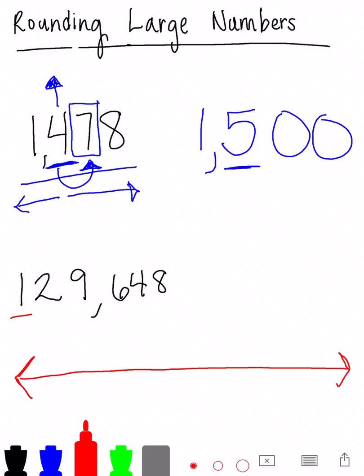So I need to find the number that is directly smaller than 129,648 and the number that is directly bigger than 129,648. So the 100,000 that is directly smaller would be 100,000. And the 100,000 that would be directly bigger would be 200,000.